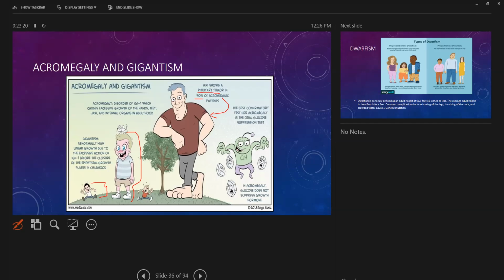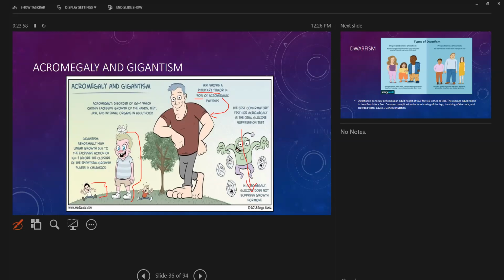The best test to confirm the diagnosis is the glucose suppression test. In the presence of glucose, the growth hormone should decrease. So I just said that backwards. In acromegaly, it's abnormal. Glucose should normally suppress this guy. He should get kicked down by glucose.